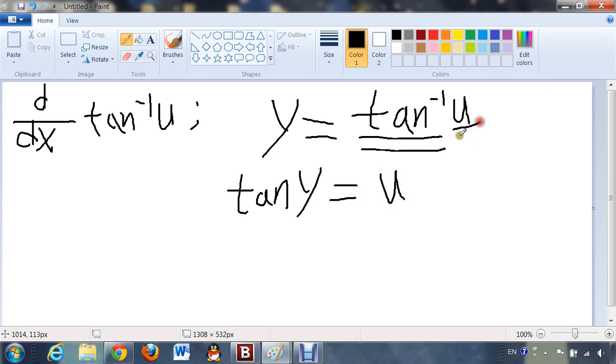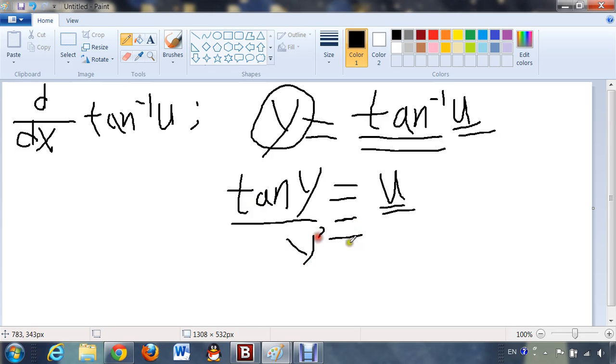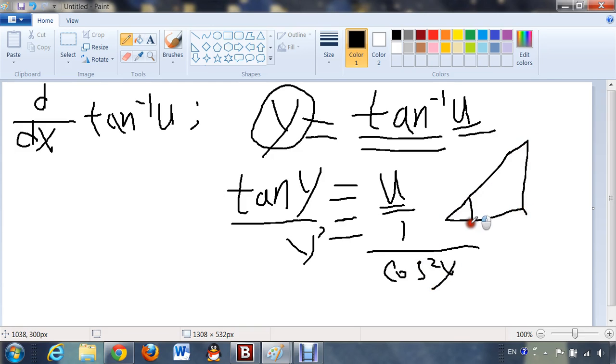Since the inverse of this number is y, an angle, that means the tangent of this angle will be this ratio. Then from here, we take the derivative of both sides, and then we solve for y prime, and whatever we get, we use the triangle to figure out those ratios.